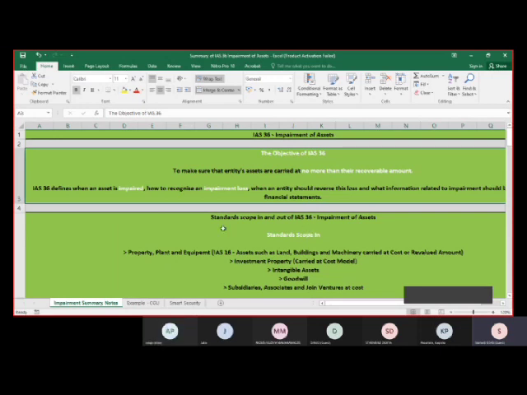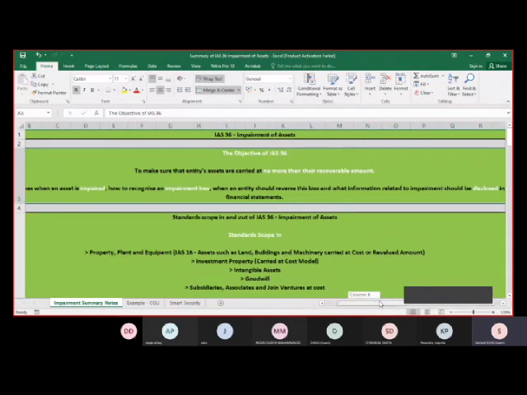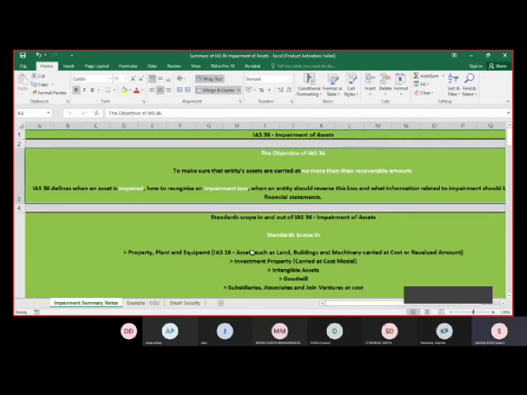And then IAS 36 defines when an asset is impaired and how to recognize an impairment loss, when an entity should reverse this loss, and what information related to impairment should be in the financial statements. Also, you need to know the scope of the standard.